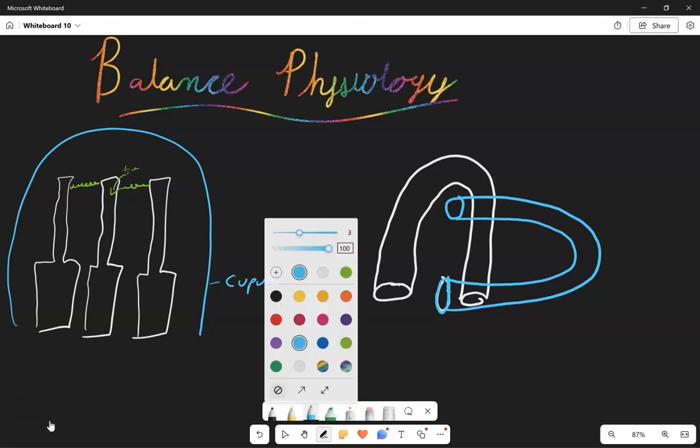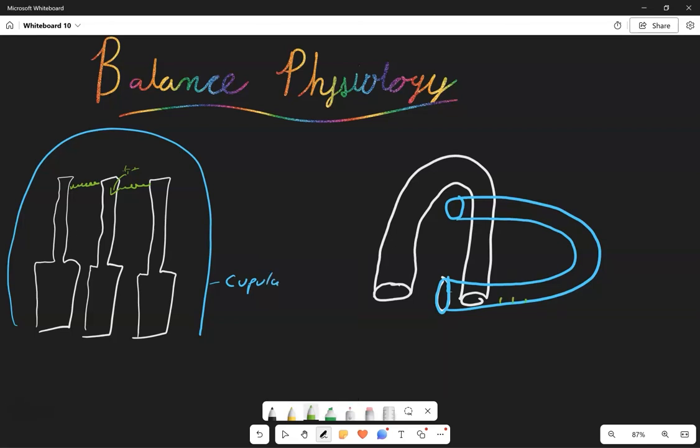Now inside of here, imagine that this whole thing is lined by these cells that have those cupulas on them, and it's all around. Remember, these semicircular canals are filled with a gelatinous-like substance, jello, right? Think jello.